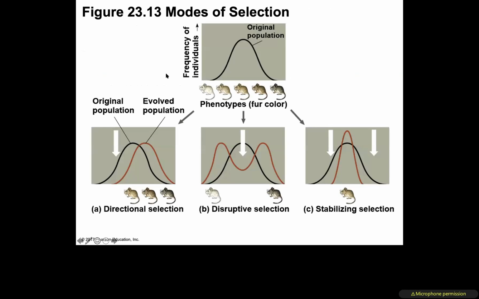So when you look at your model of your mouse, this is a population of mice. They are of the same species, but they just have different alleles of fur color. Just like we're blondes and brunettes and redheads, these mice are white alleles and light brown, medium brown, dark brown, and black.